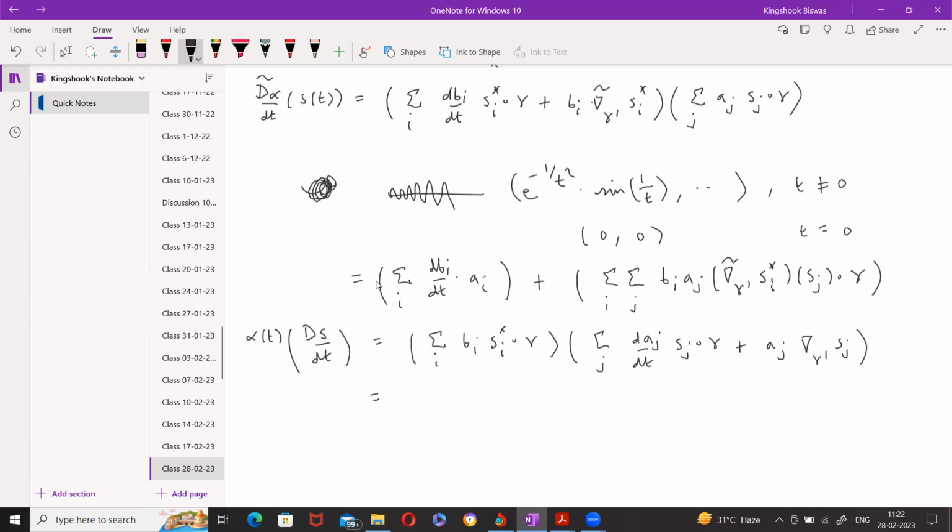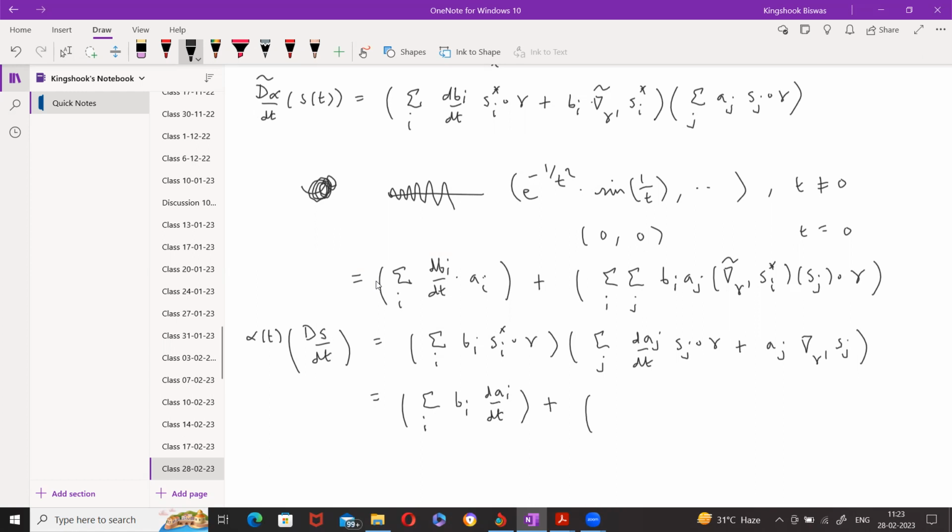When I apply this to the first term here, this Si star with Sj again will give me delta ij, so I'll only get the sum when i equals j. So the first term will be the sum over i of bi dai/dt.